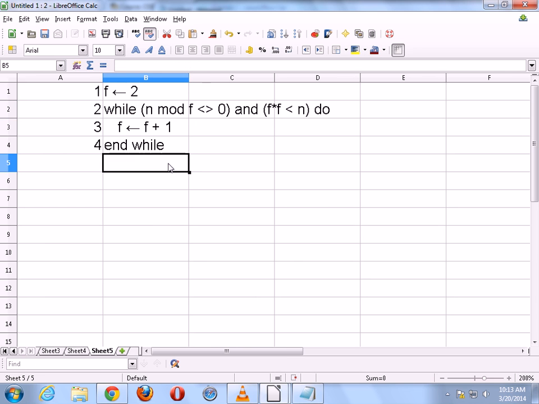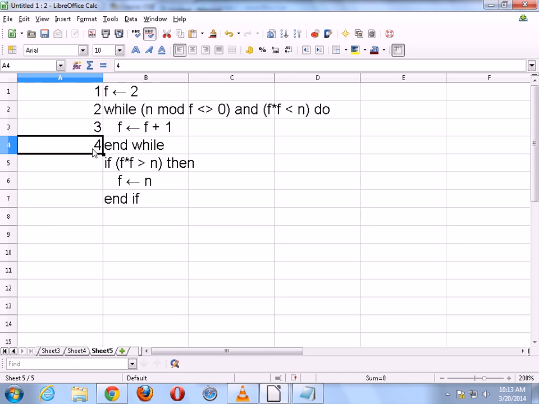And then we'll also add the conditional statement after, which is if f times f is greater than n, then f gets n. So this is my new algorithm to trace.